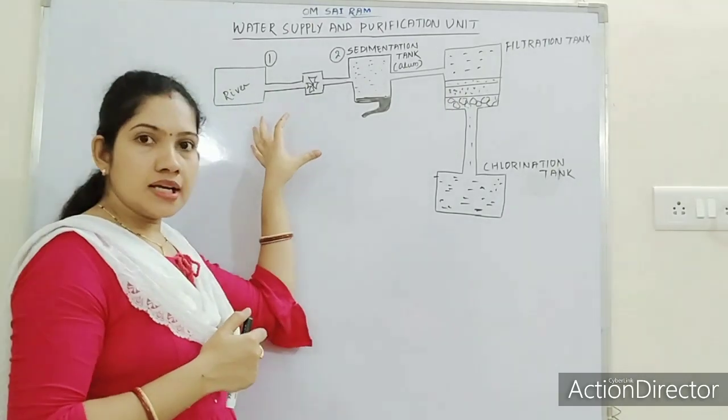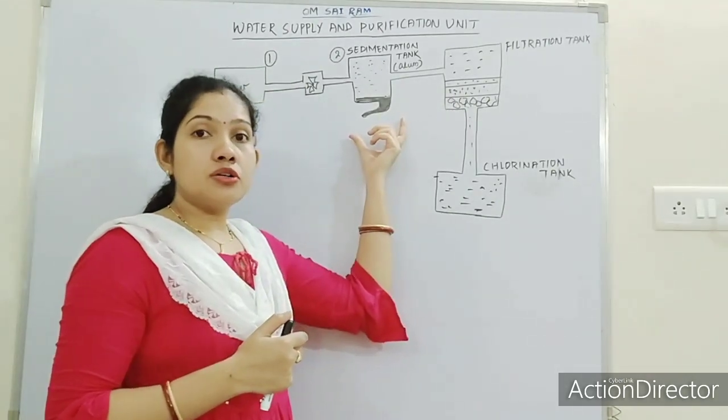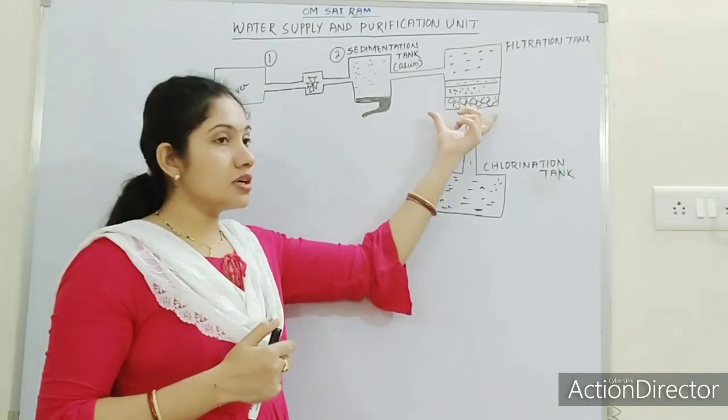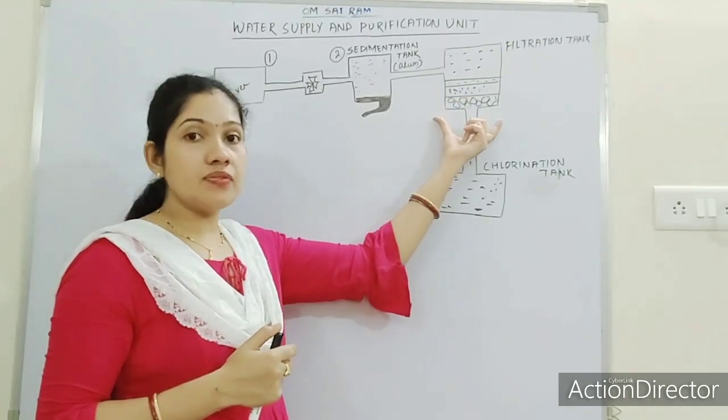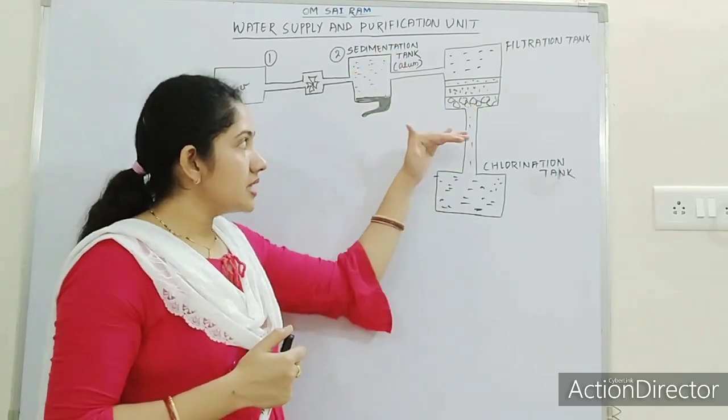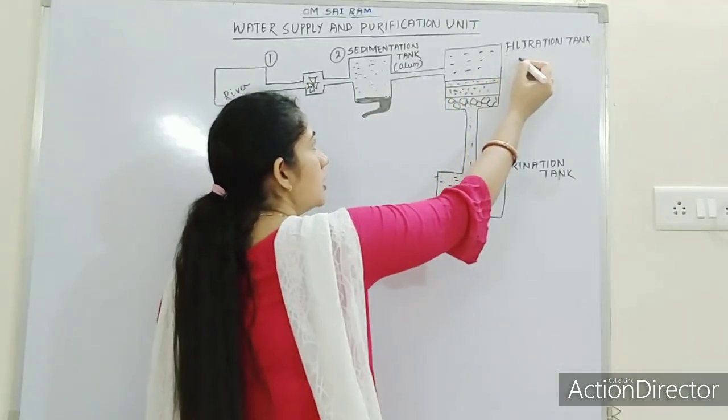So again I am repeating. At first we will collect it. We will allow the heavier particles to settle in the sedimentation tank. Then that decanted water is collected in the filtration tank to filter out some insoluble impurities. Then we will allow it. This is the third one.